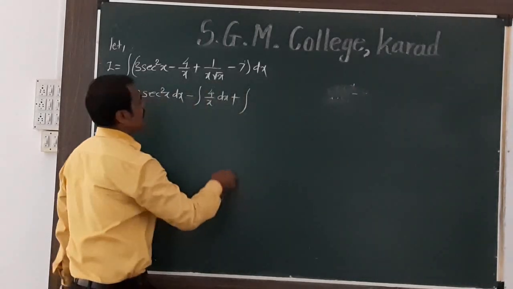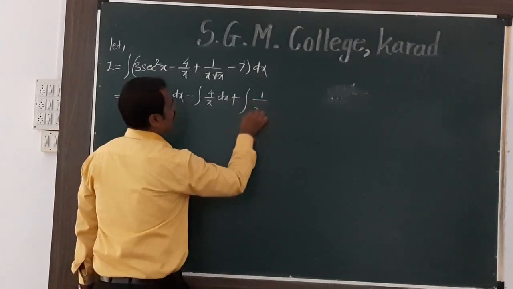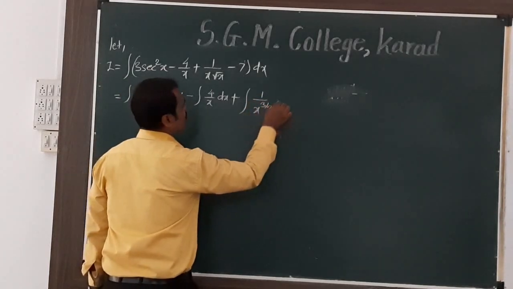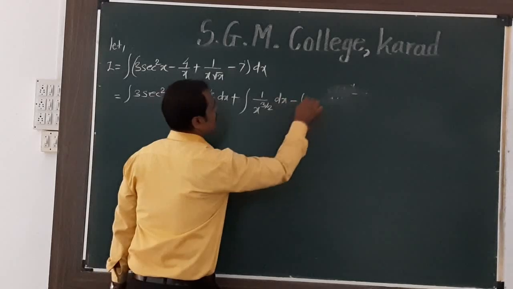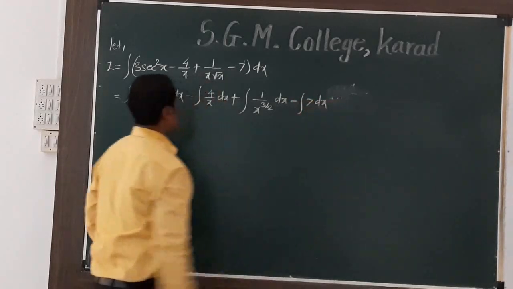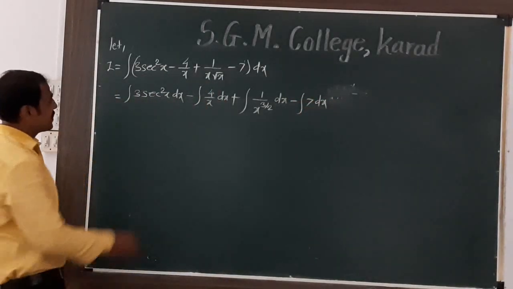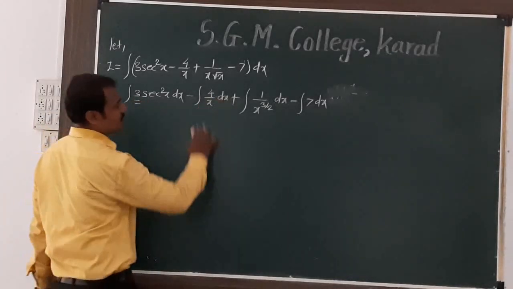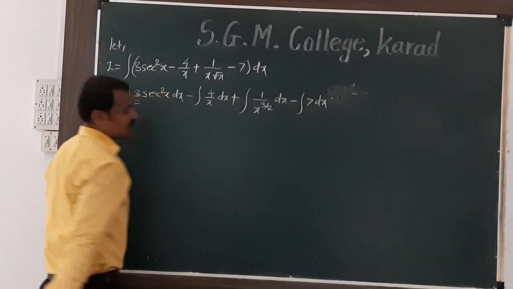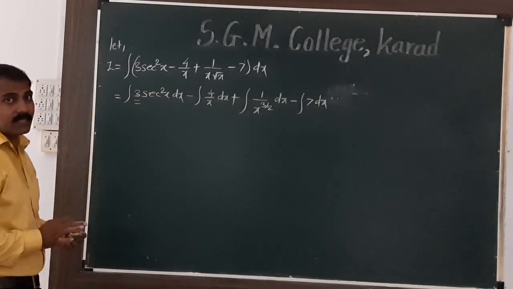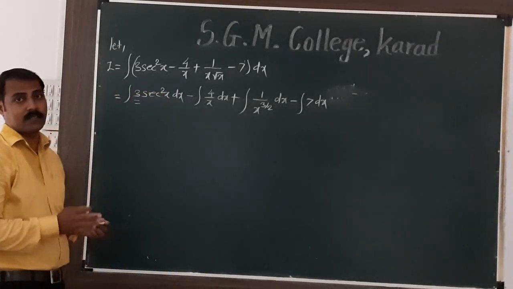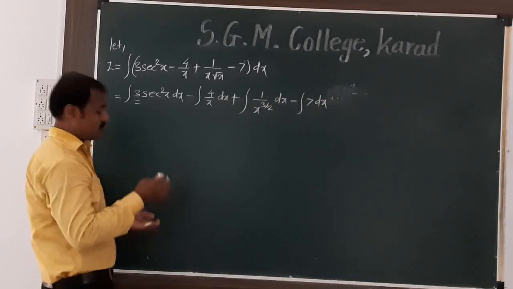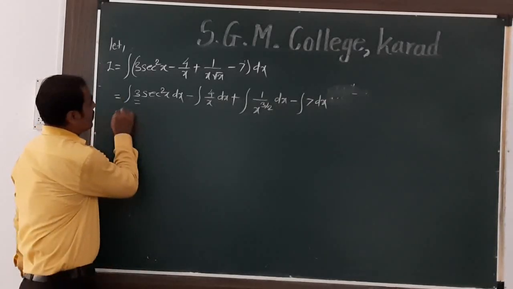So I can write this as 1 upon x raised to 3 by 2 dx minus integration of 7 dx. Okay, now look here. Here 3 is a constant, here 4 is a constant, here 7 is a constant. If inside the integration there is a constant, take the constant outside the integration symbol.